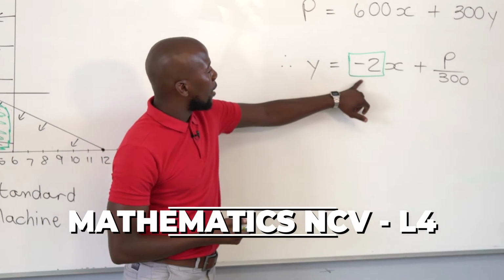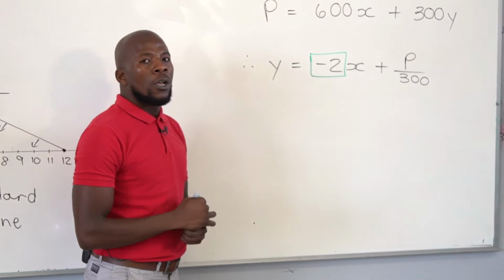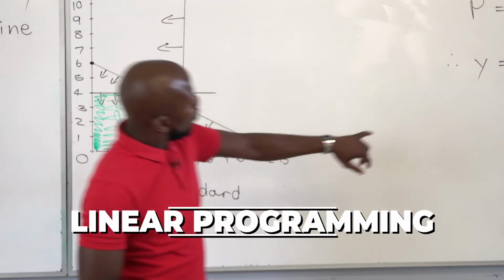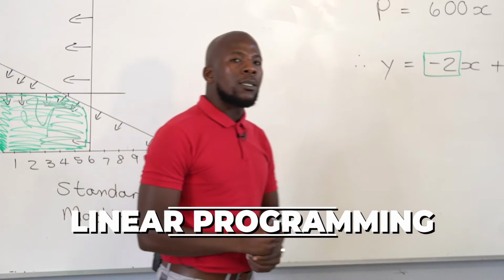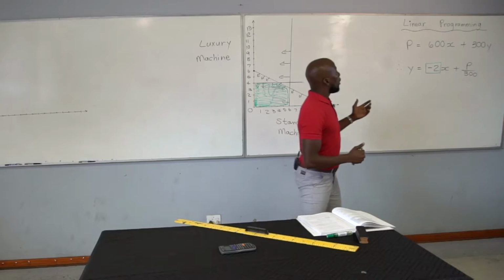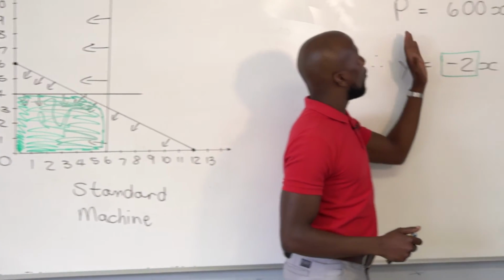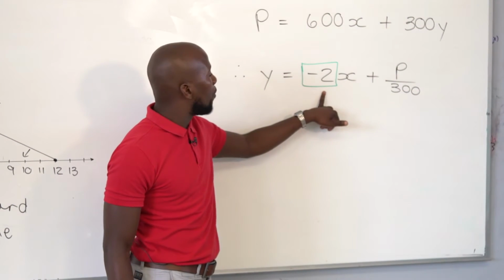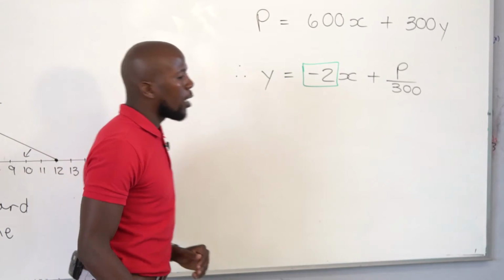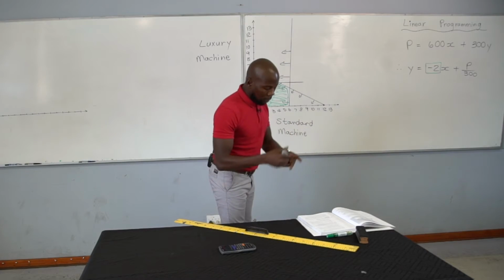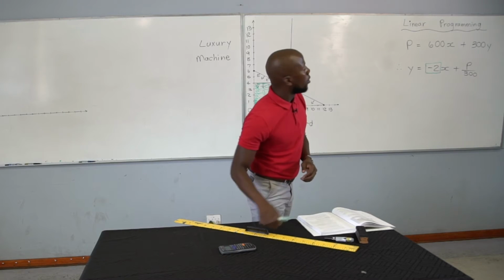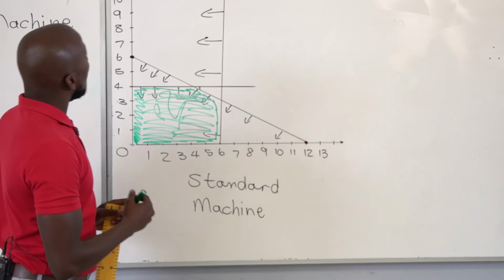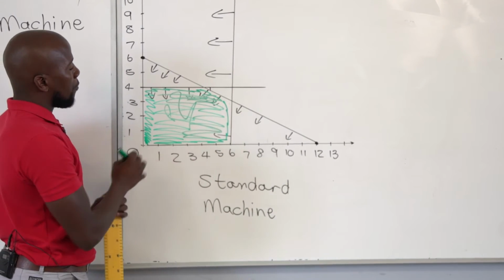Having identified the gradient of the profit equation, we are going to sketch a series of lines with the same exact gradient, negative 2. We need to rewrite this profit equation in this form so that we can identify the gradient of the line. Once you've identified the gradient of the line, it's your responsibility and your duty to sketch the lines on the Cartesian plane regarding the initial graphs that you had.